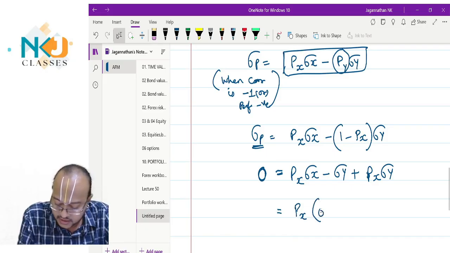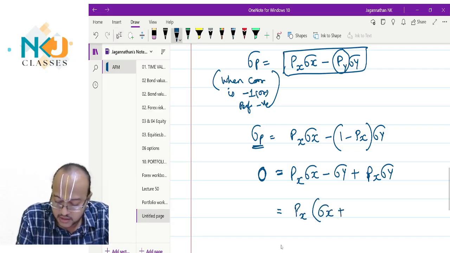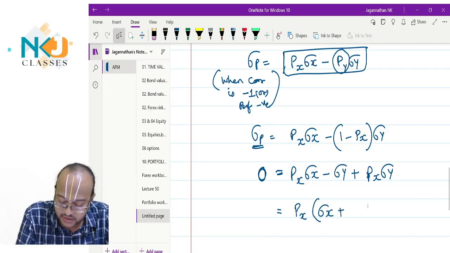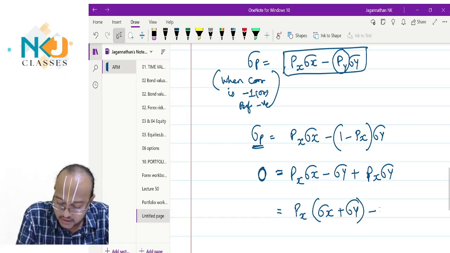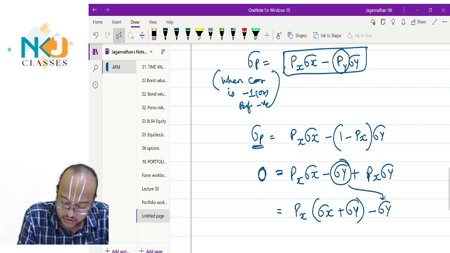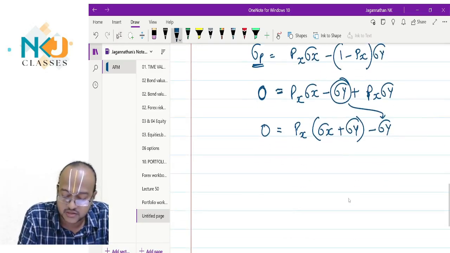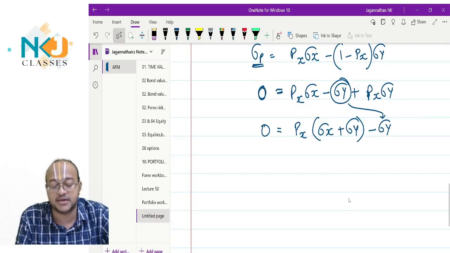What you will get: sigma x, correct? Sigma x plus sigma y, that sigma y we will take, then we will close the bracket, and minus sigma y will be there. Are you understanding? This sigma y will be separately put here. Okay, 0 is equal to proportion of x into (sigma x plus sigma y) minus sigma y.